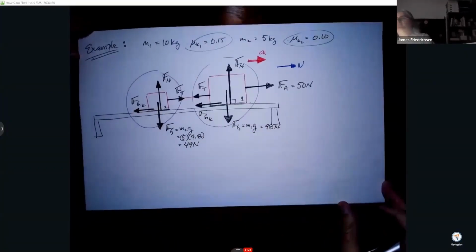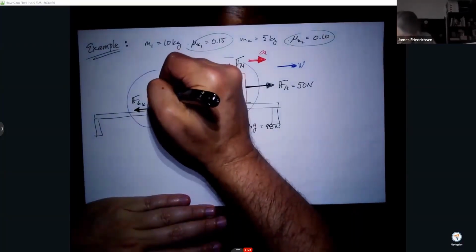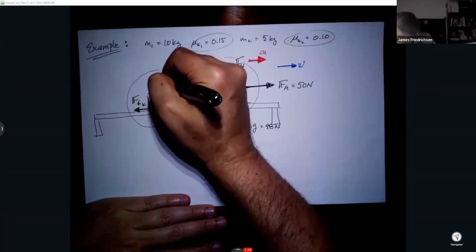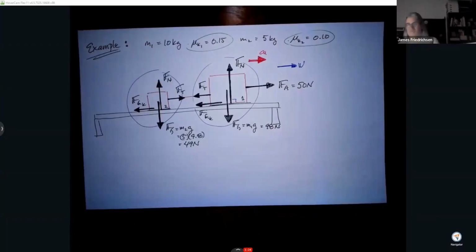Now, should there be an applied force on the box? Yes or no? What do you think? That's right.